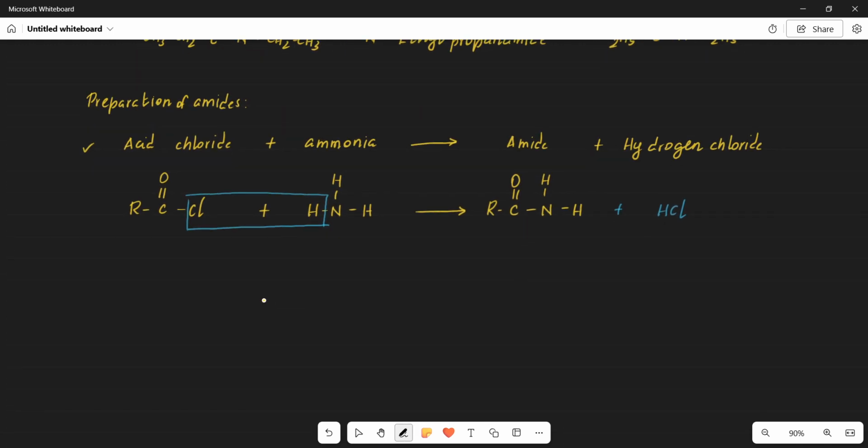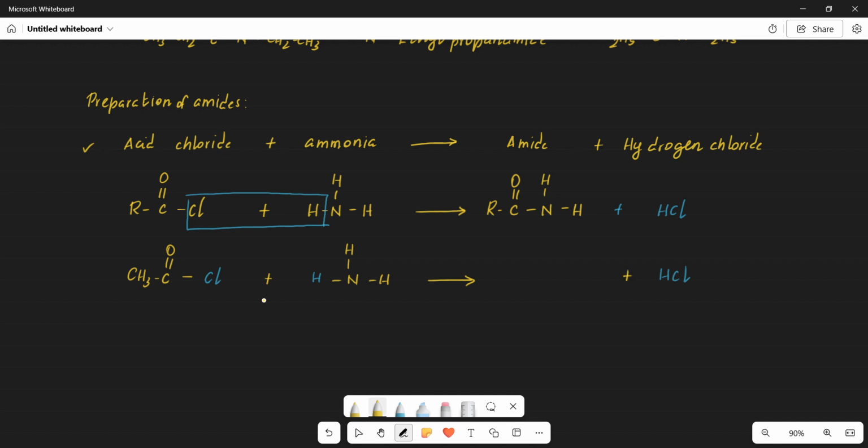In the place of R, you can have any group. I can say I am taking a methyl group. So CH3 C double bond O, I would say I am having chlorine, plus I am treating with concentrated ammonia. The blue color hydrogen is going to go with the chlorine. So what you will get is the hydrogen chloride removed.